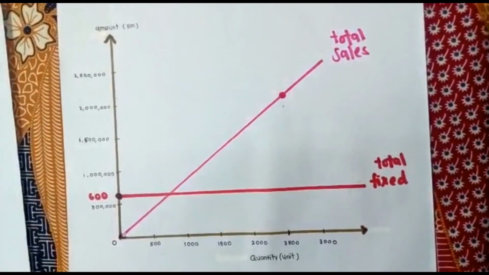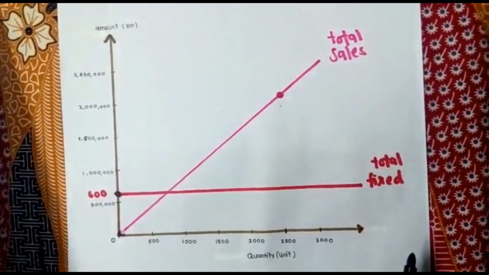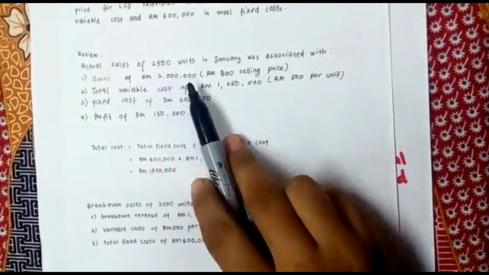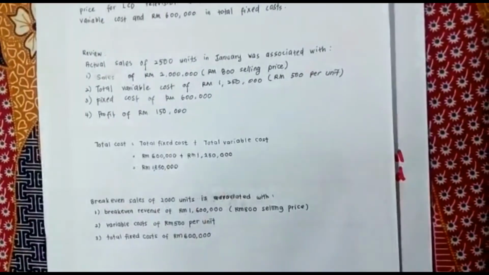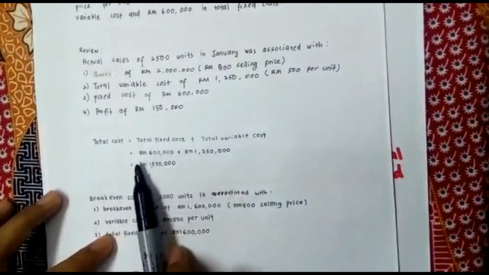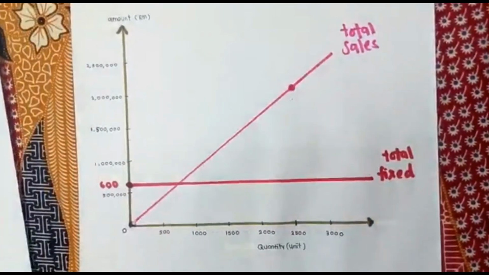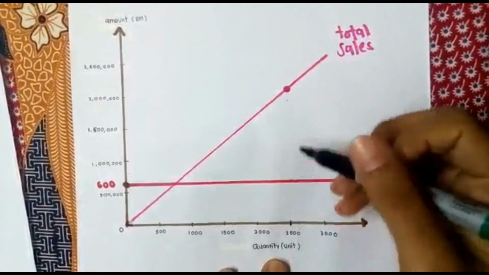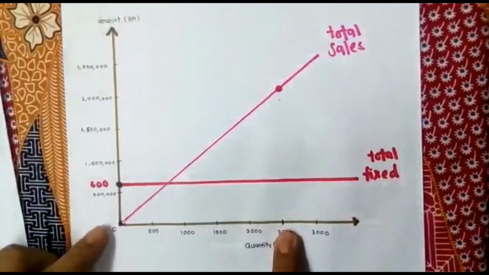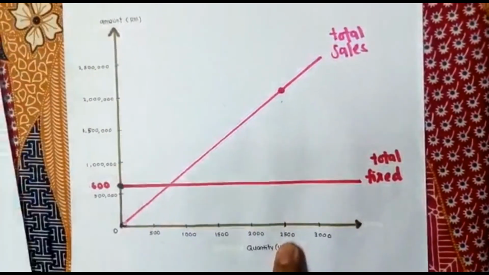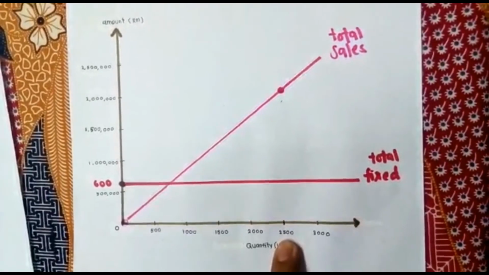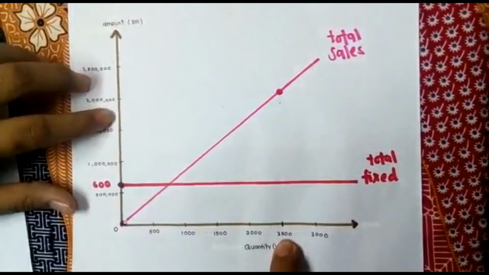Now is another point. When 2,500 units are produced, the amount will be this. So when 2,500 are produced, here the amount will be 1,850 million.